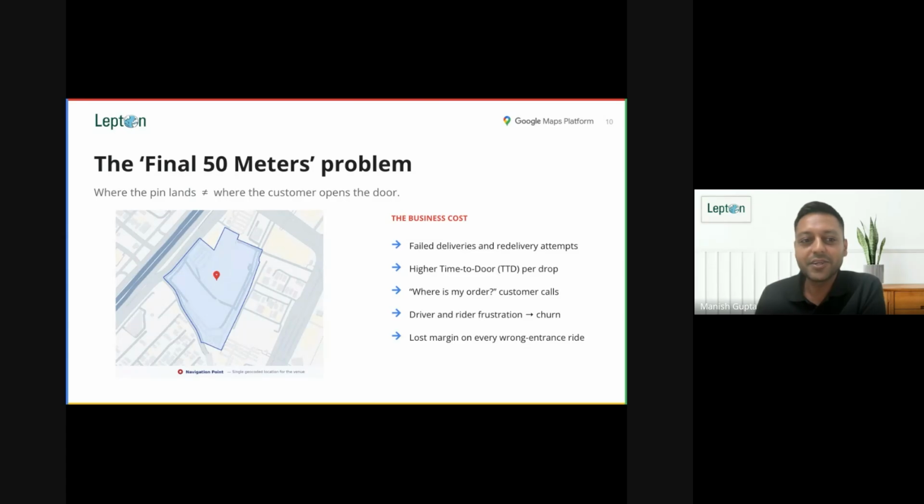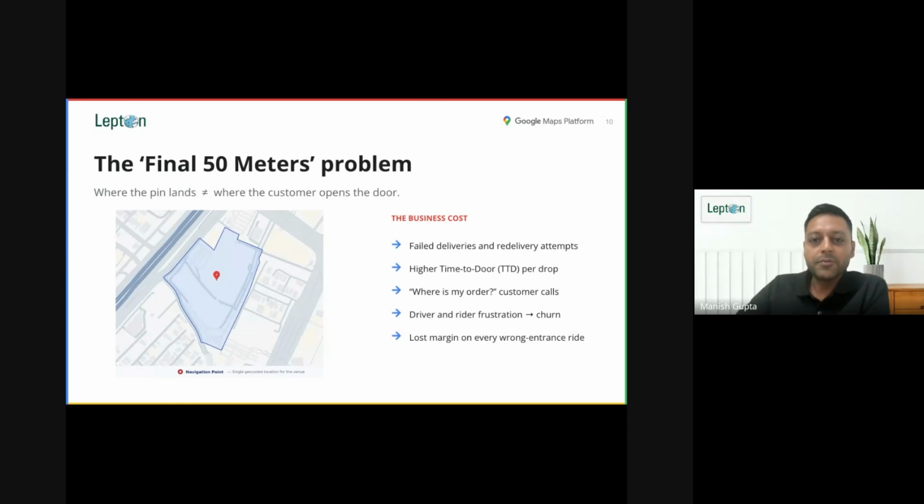The real cost of the final 50 meters is a problem. And that is the main problem in India because addresses are still ambiguous. Now, every wrong pin, every confused driver or every angry call from the customer, that is money walking out of the door.